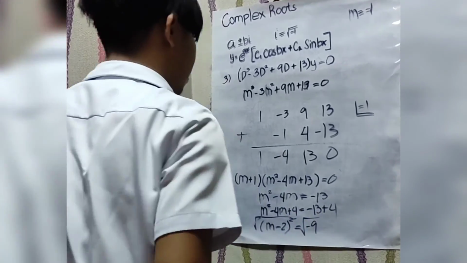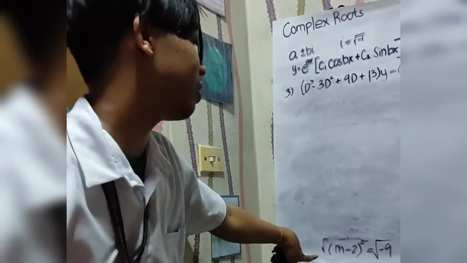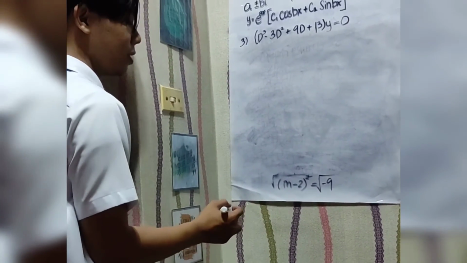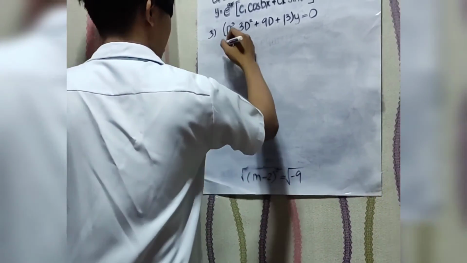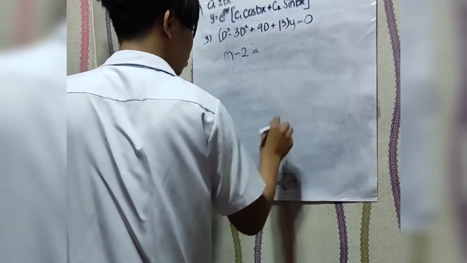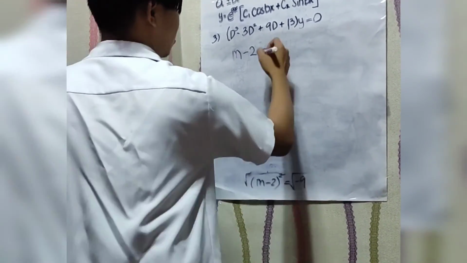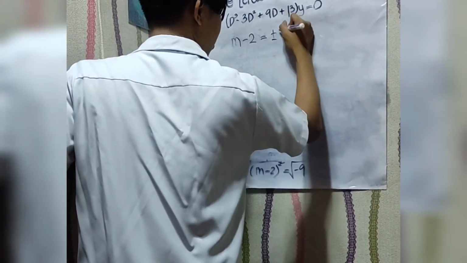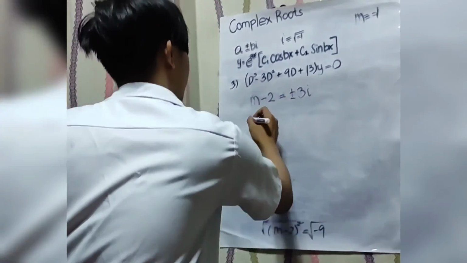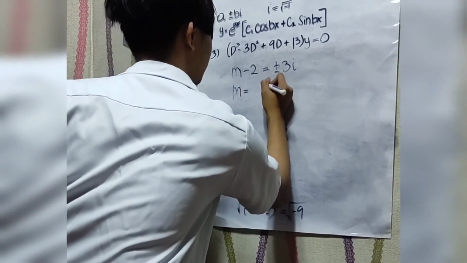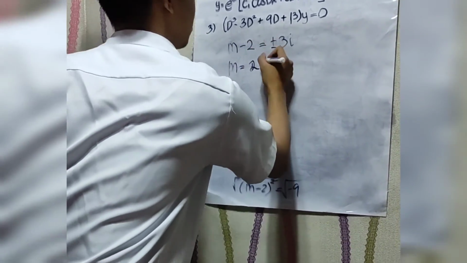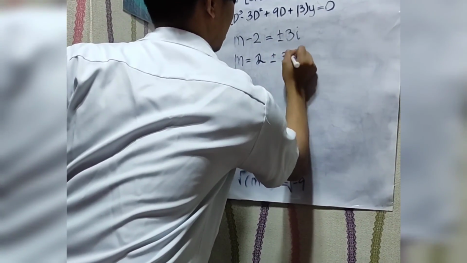Square rooting both sides, makakancel po yung squared. Ang matitira is m minus 2 is equals to square root ng negative 9, alam naman natin na plus minus 3i. Ililipat natin, m equals to positive 2 plus minus 3i.